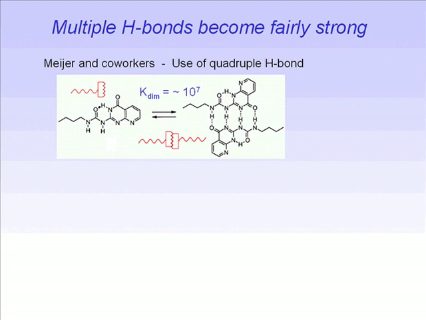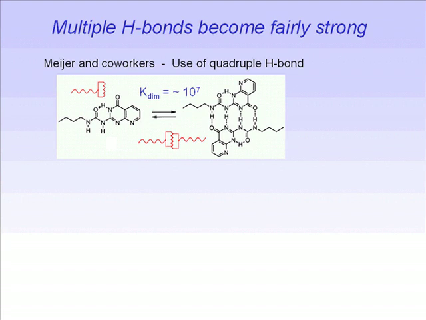Now, I'll just examine two systems where the presence of multiple weak interactions can enable a dramatic increase in the formation constants of complexes. For instance, pioneered by Meijer and co-workers, the presence of this particular unit, as you will notice, has the ability of forming 4 hydrogen bonds, as shown here.